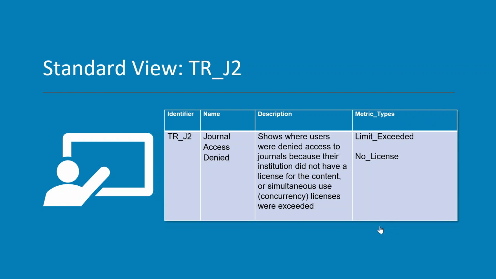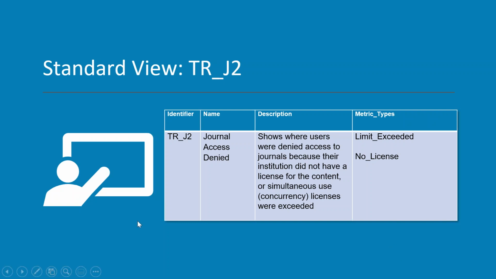It can also mean where simultaneous use or concurrency licenses were exceeded. So you can see the 2 metric types that are crucial for this standard view are limit exceeded and no license. I'm just going to hand you back to Lorraine, and she'll take you through the rest of the standard views. Thank you.